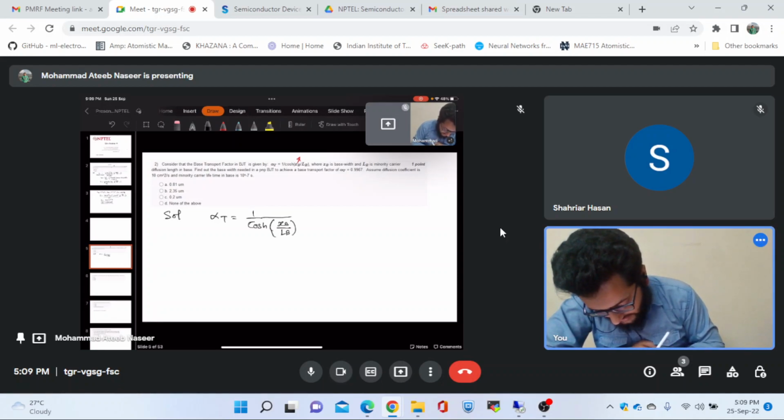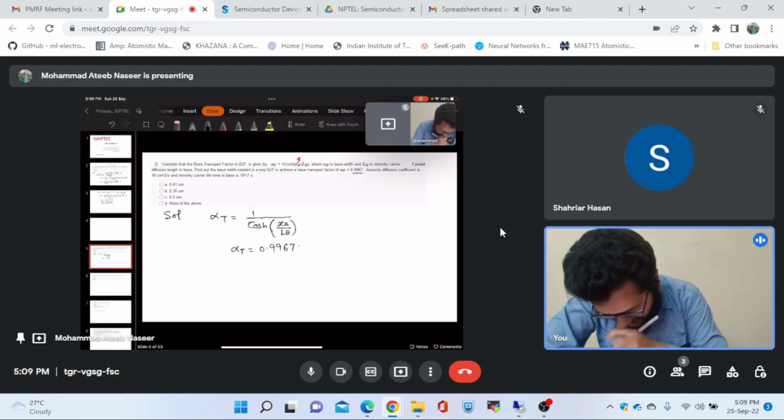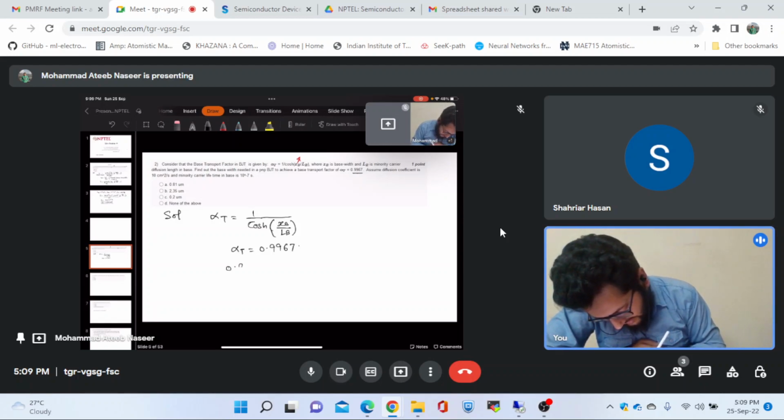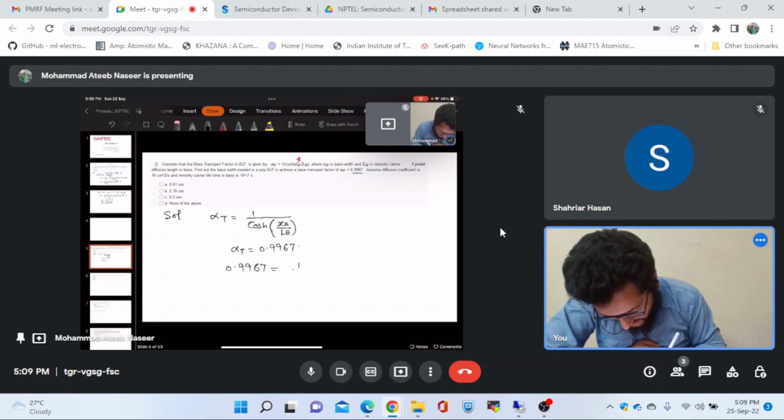And if I now take the value for this alpha T, which is given to be equal to 0.9967, I will have 0.9967 is equal to 1 by cosh of XB by LB.